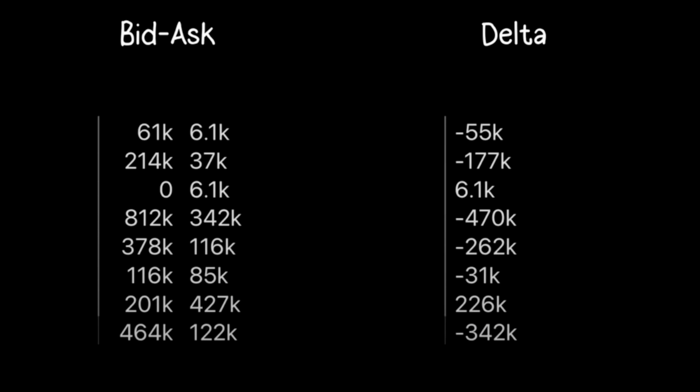There are three main types of footprint charts: bid-ask, delta, and volume. The bid-ask chart shows executed orders, while delta helps you see the difference between market buys and sells at each price level. Simple rule: if delta is positive, more buyers than sellers are active. If it's negative, more sellers are in control.